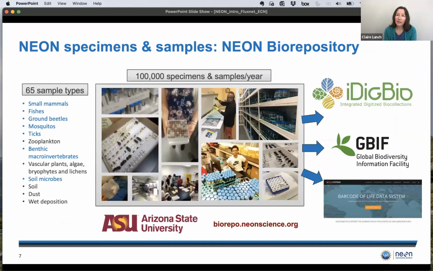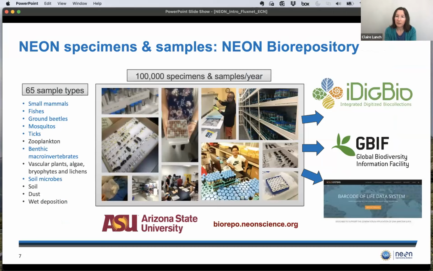And then in addition to that sort of add-on, there's also the add-on that NEON has an extensive biorepository of physical samples available. And what is really exciting about this is that this is different from a lot of museum collections in that these samples are available for destructive analyses.